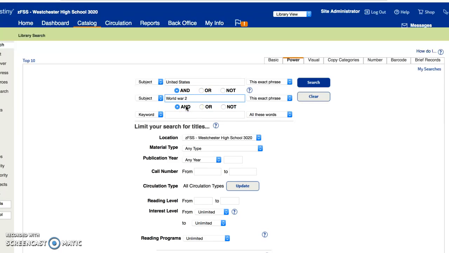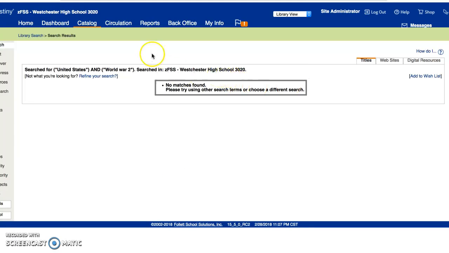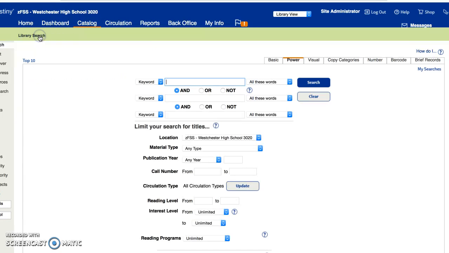The problem was I just put two I's and I didn't use Roman numerals. So let's try this and see what happens. Well, let me look again, because this could happen to you, so we can work through this together. I just looked this up: United States, this exact phrase, and World War II.